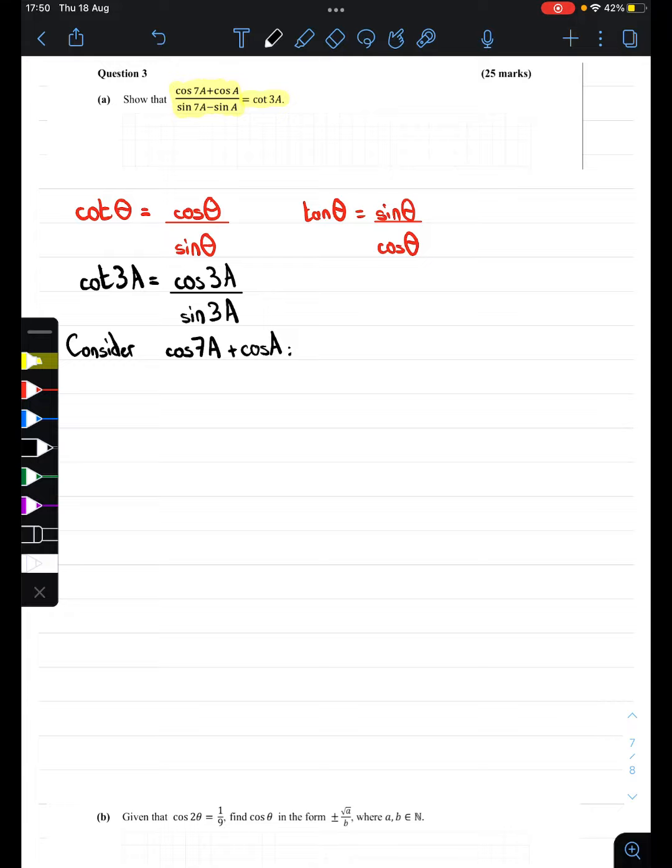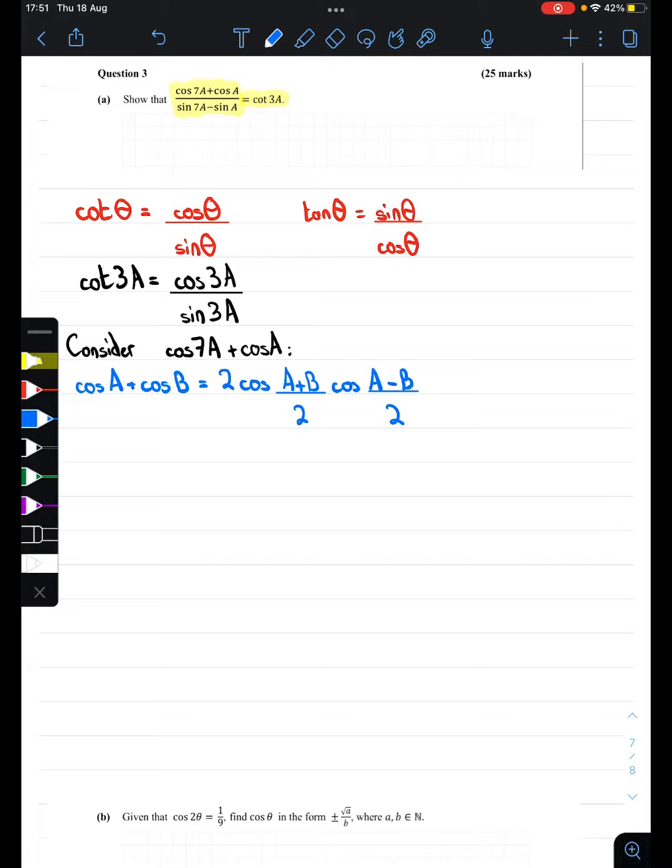Cosine of a plus cosine of b is equal to 2 cosine of (a plus b) over 2, times cosine of (a minus b) over 2.